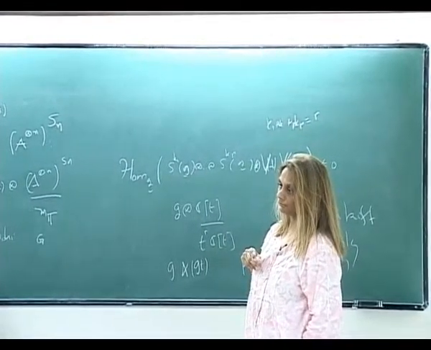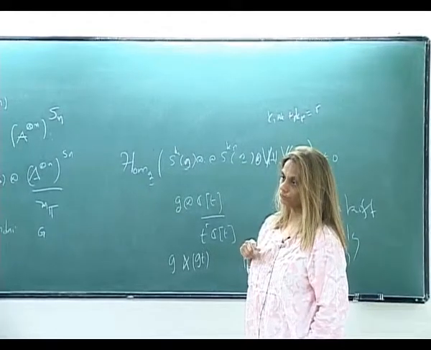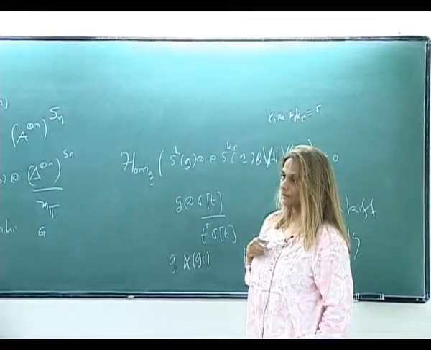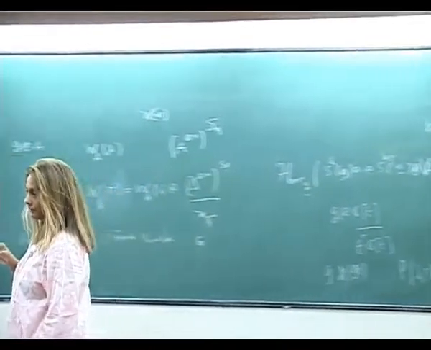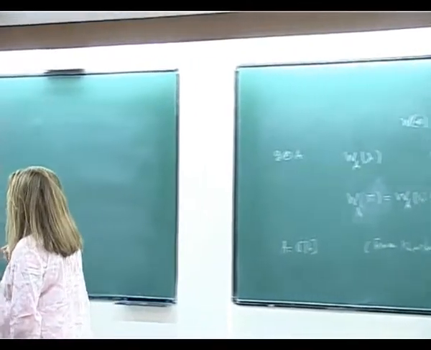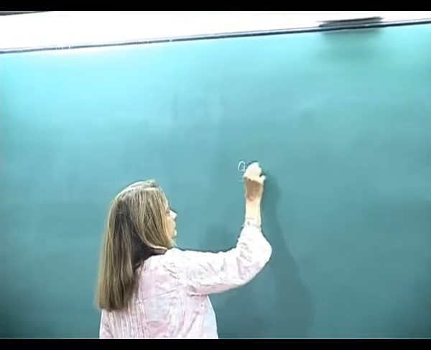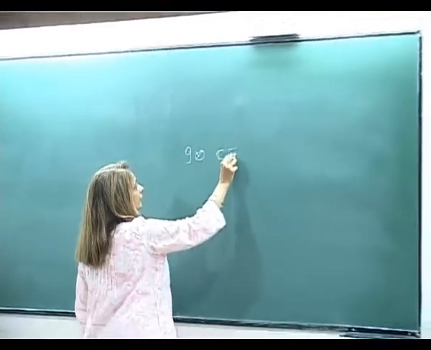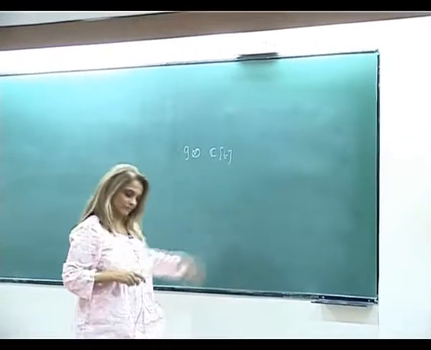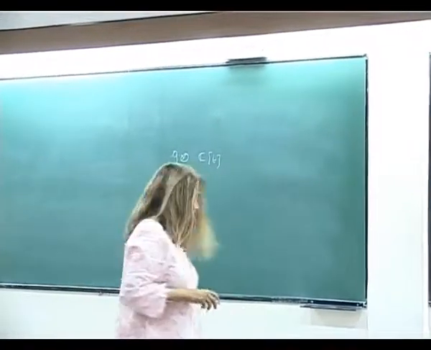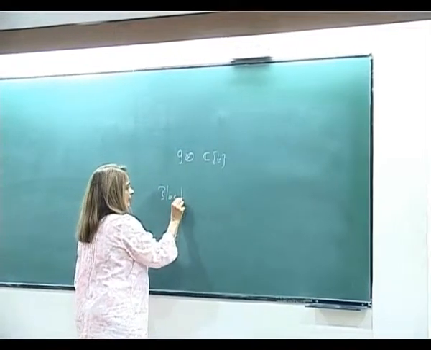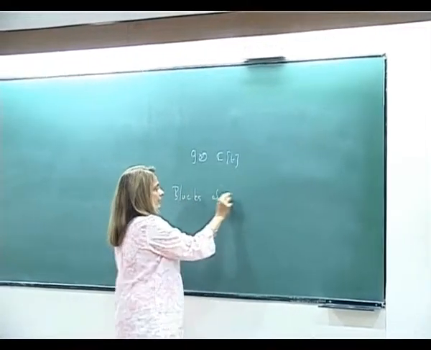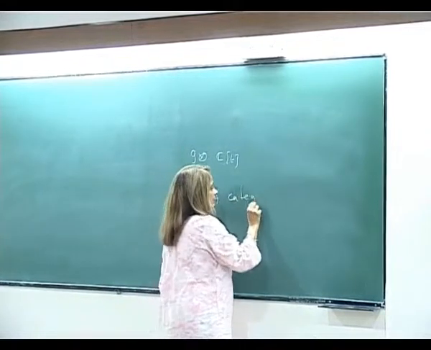Another question, you know the blocks of this category? If you're doing g tensor C[t] or C[t, t inverse], I don't know what the blocks are, but I can tell you what the blocks of finite dimensional representations are.